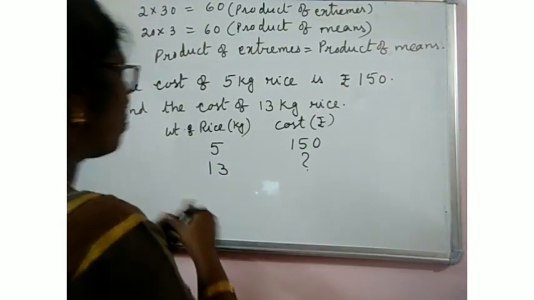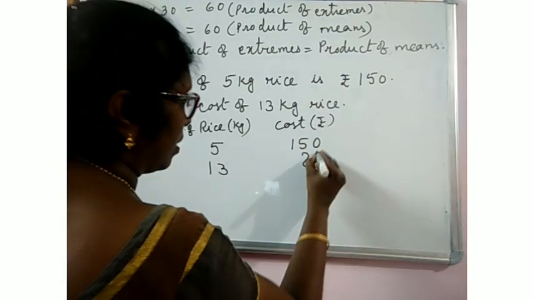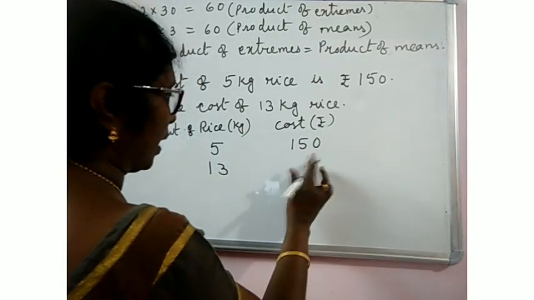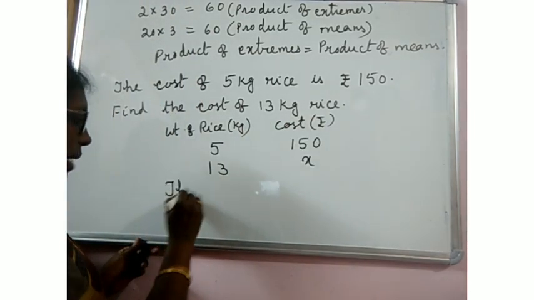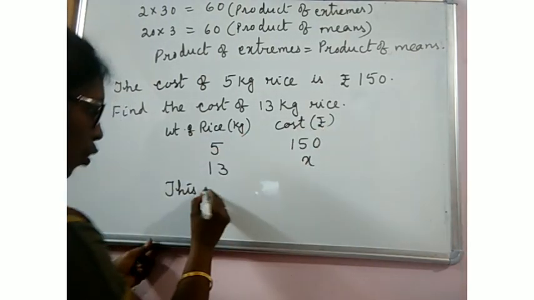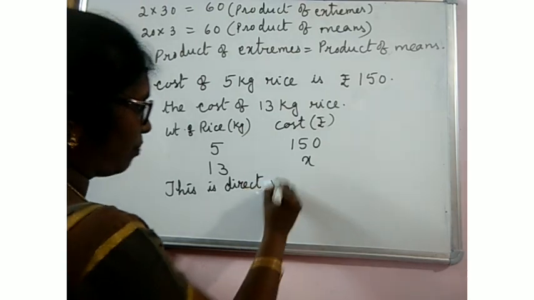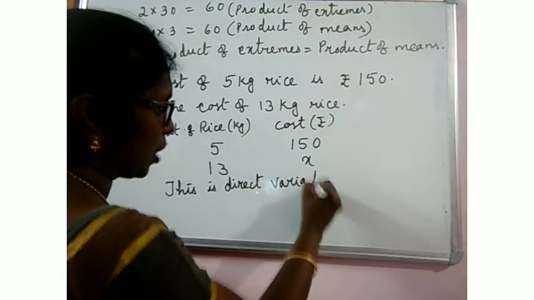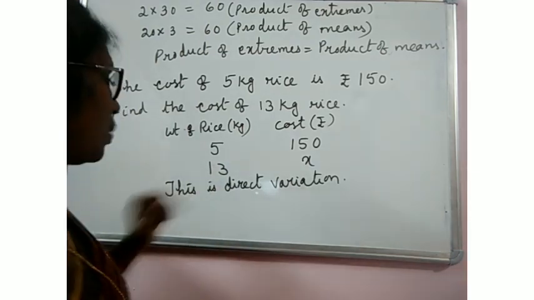This way also, you can take the cost of 13 kg of rice, which you don't know, as x rupees. This is direct variation. Increase of weight increases its cost. By using the constant of variation, that way you can do. Another simpler way I am explaining now.